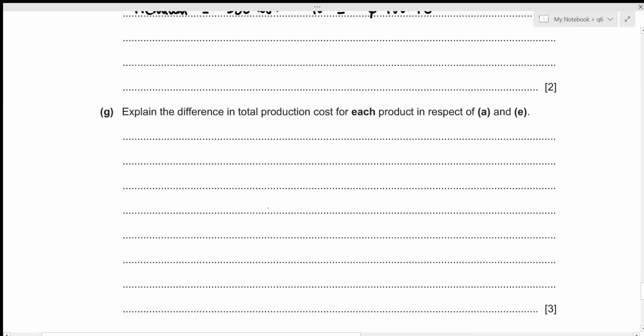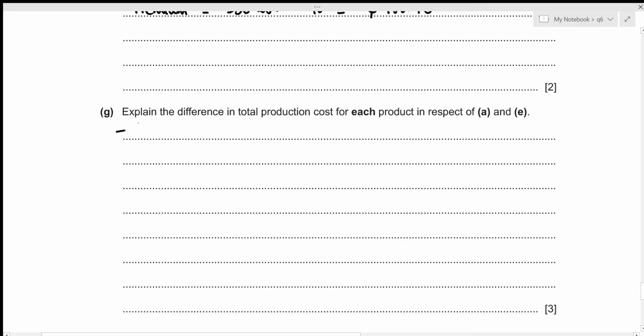We need to explain the difference in total production cost for each product in respect of A and E. So we know that the difference in total production cost for each product is due to the difference in overhead charged, because previously we charged the total overheads, whereas for activity-based costing we divided the overheads on the basis of different activities. Let's write it down.